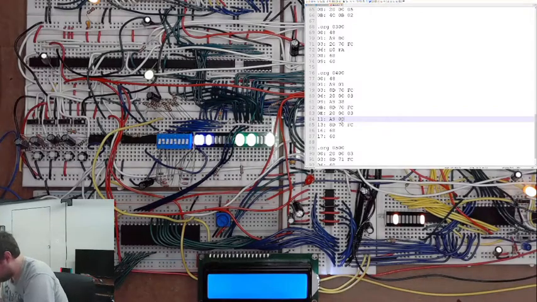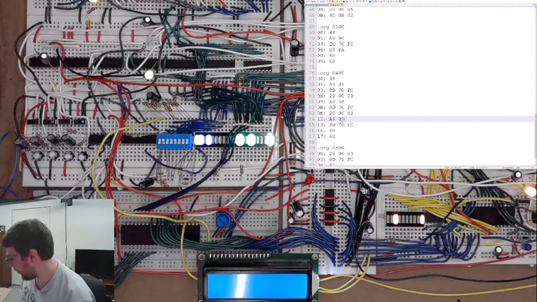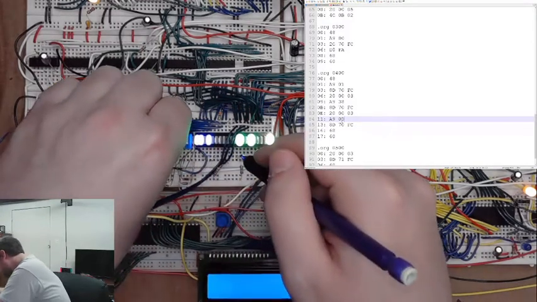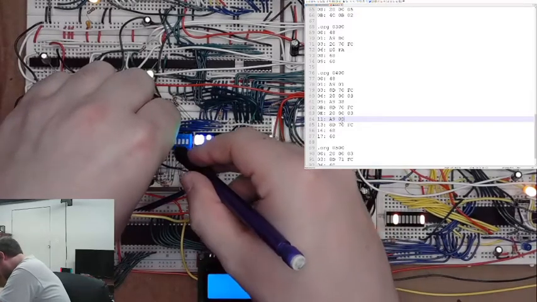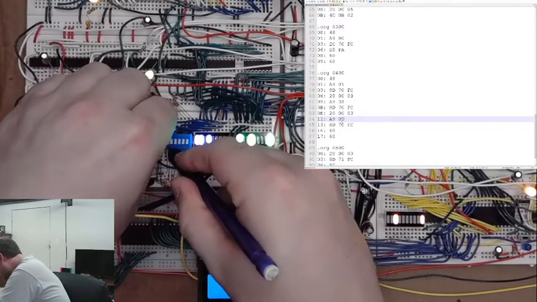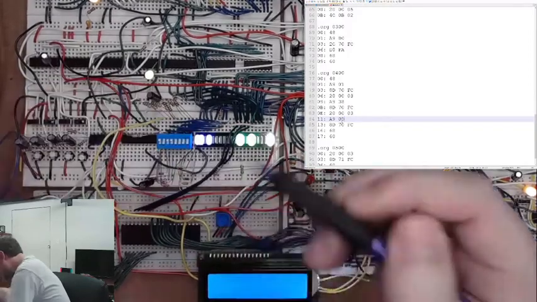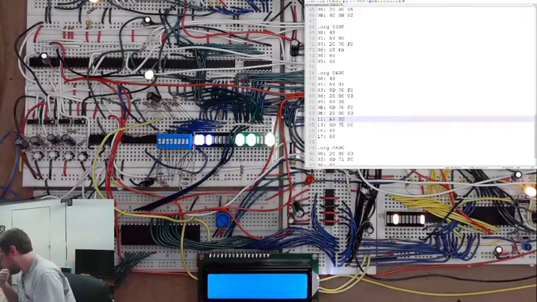This should have our B in it, which was wrong. We want D. That is what we want in it.